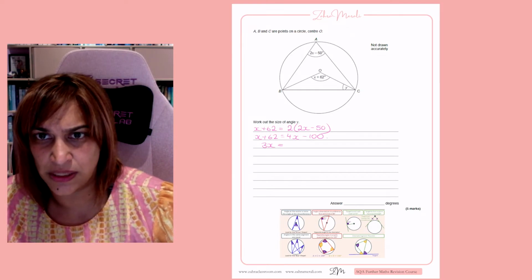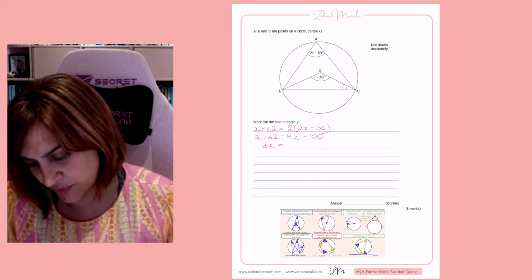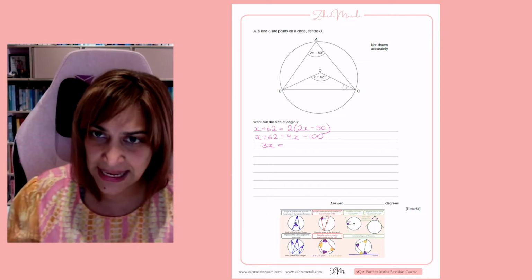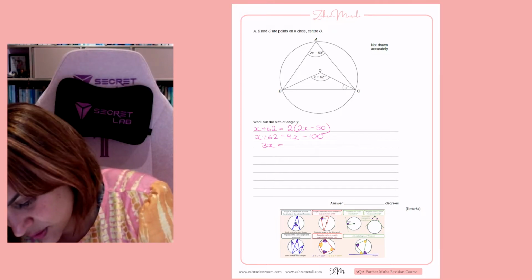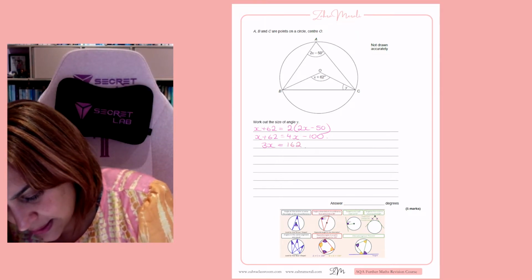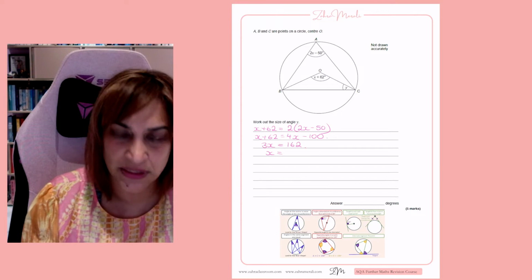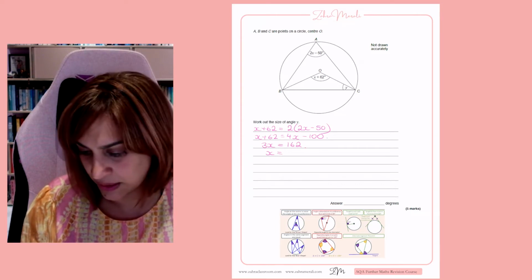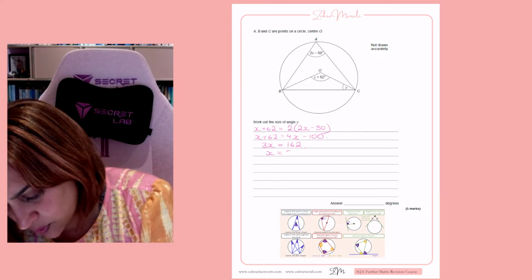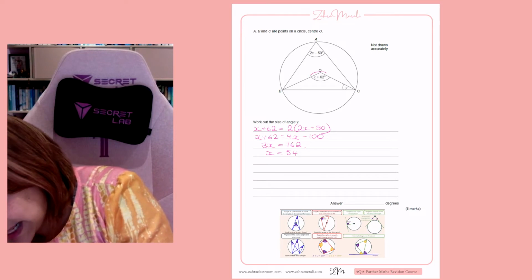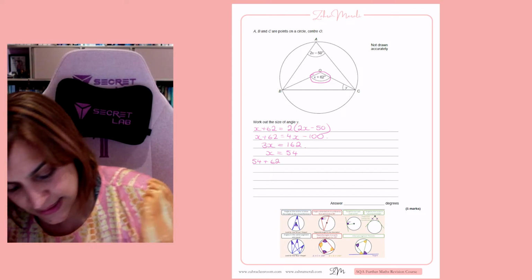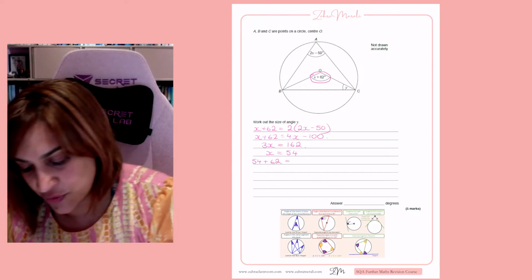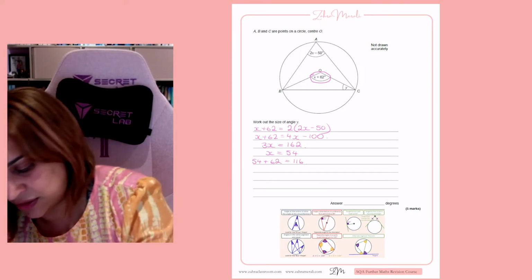We get 4x minus x to give us 3x, and then 162, and x is going to be 162 divided by 3 to give us 54. So that means we can now work out this angle at the center: 54 plus 62, which gives us 116.